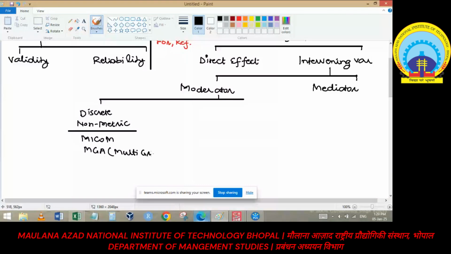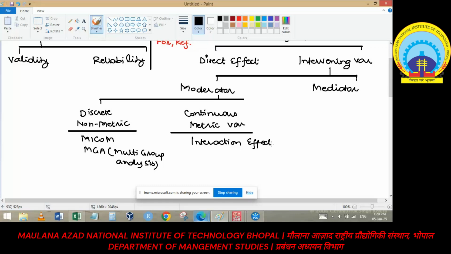Here only two groups can be compared, though there are methods in RStudio where you can compare more than two also. And when there is a continuous variable, also called a metric variable, then this moderator effect is also called the interaction effect.